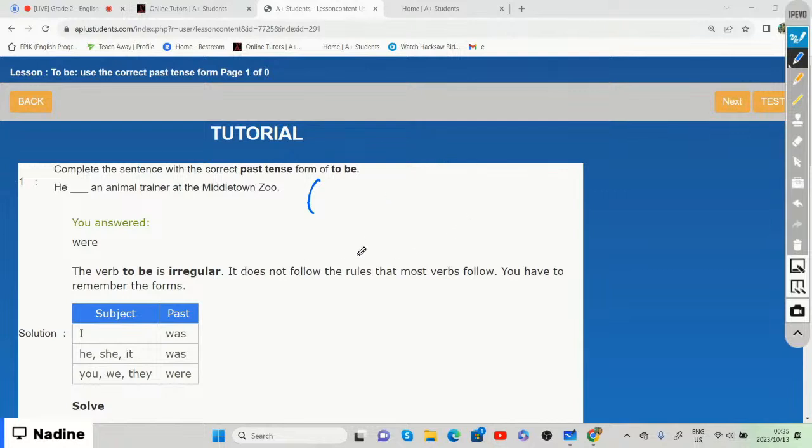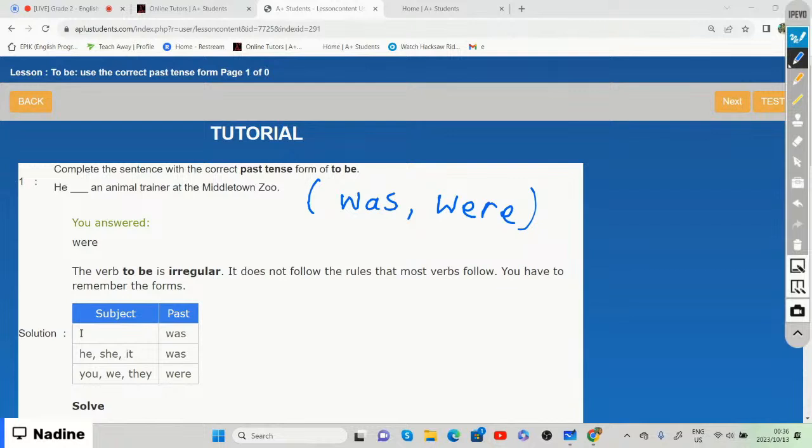So we either say he was or he were. We need to choose one of those two. He was or he were an animal trainer, sorry, at the Middletown Zoo. All right.